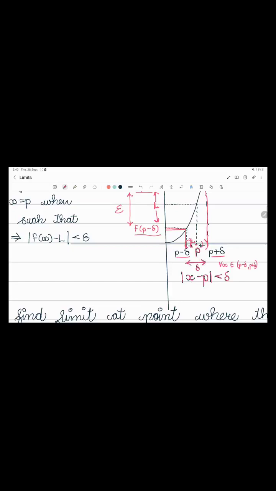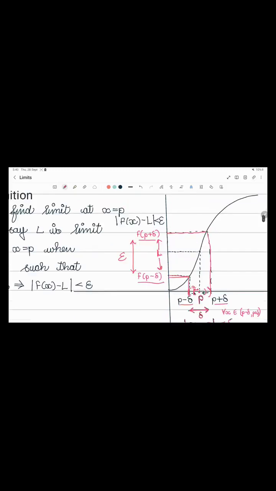So this is what I have written here, that for all x which belongs to the interval p minus delta and p plus delta, the distance, which is mod x minus p, will always be less than delta.